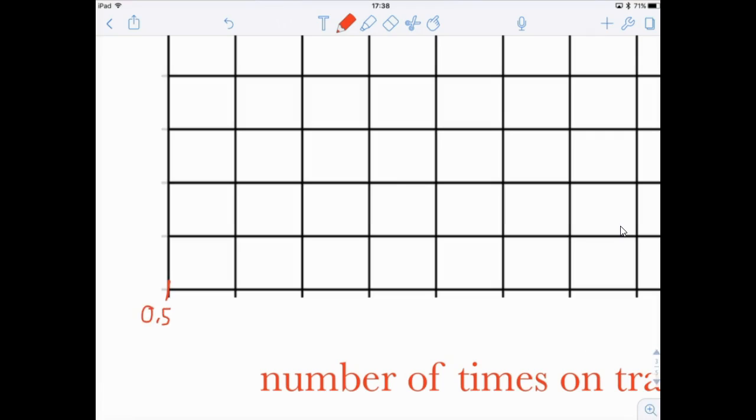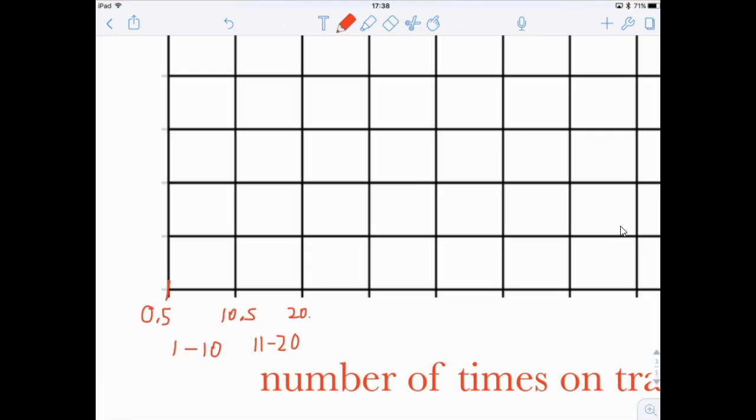So this first border is going to be 0.5 because our left border is for the range 1 to 10, right? And then the next region is going to be 11 through 20. So here we're going to put 0.5, and here we're going to put 10.5 because 10.5 is halfway between 10 and 11.